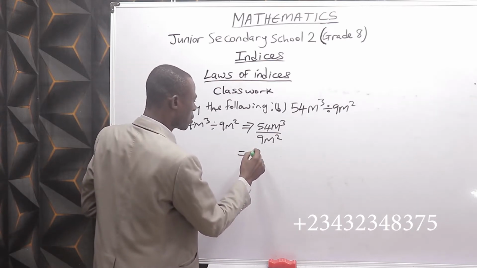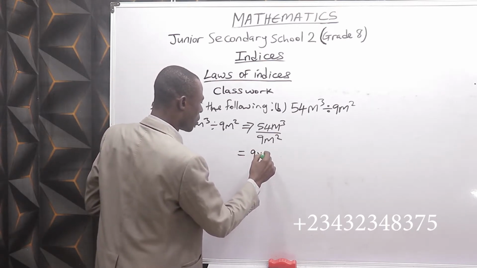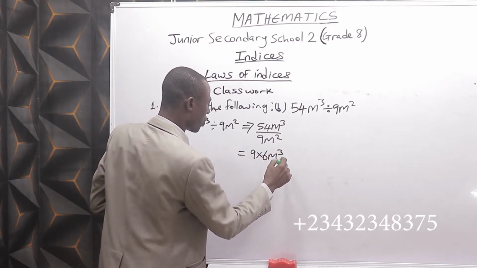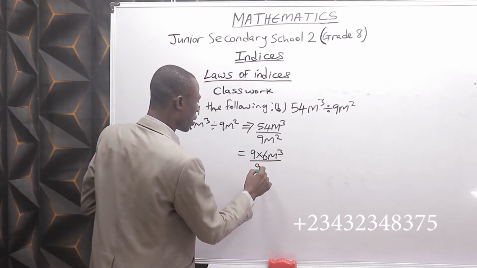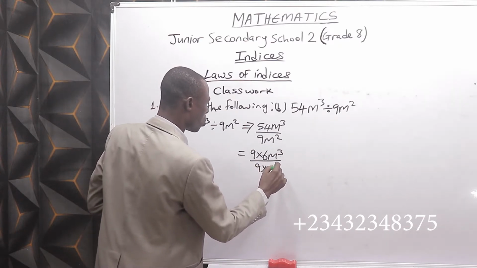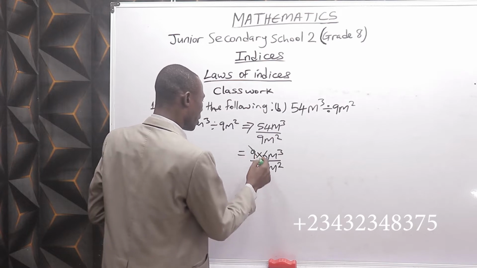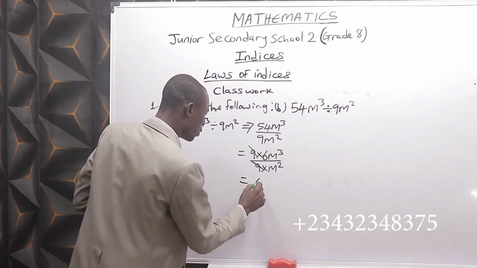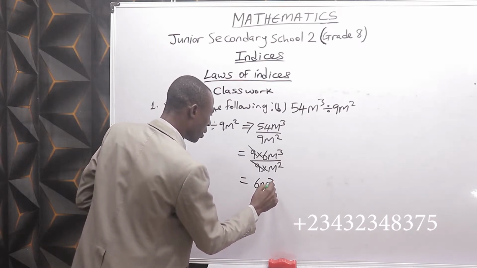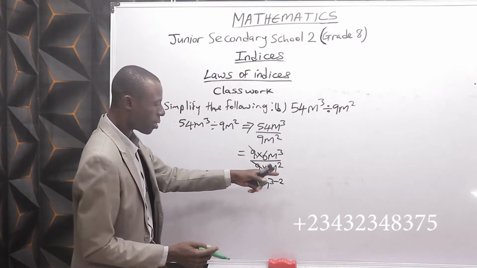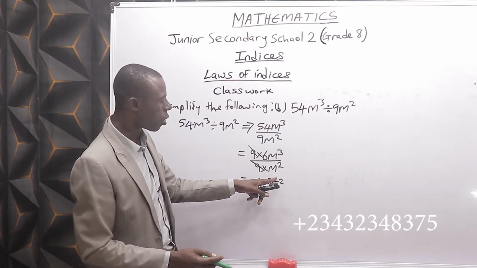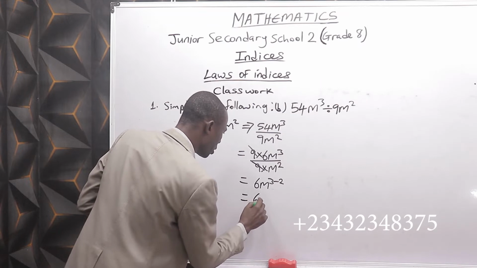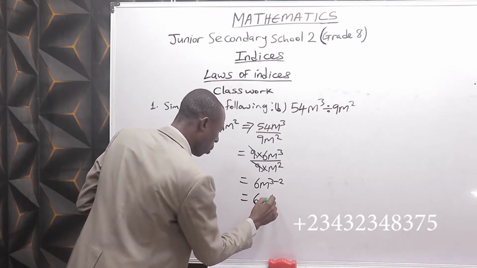So which is 9 times 6m raised to power 3 divided by 9 times m raised to power 2. This 9, we take care of this 9 to have 6m raised to power 3 minus 2. We subtract the power at the denominator from the power at the numerator. So we have 6m raised to power 1.